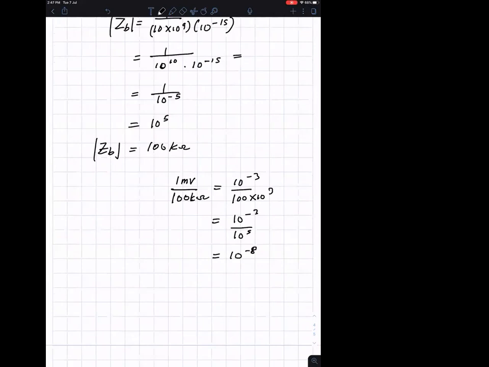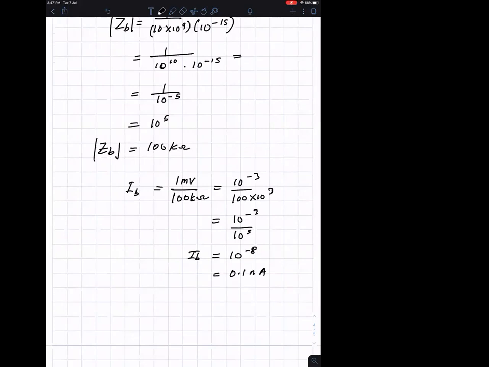So look at the current, the current is going to be extremely small. How many microamps is this? Probably this is like 0.1 nanoamp. Am I right? Yes, sir.